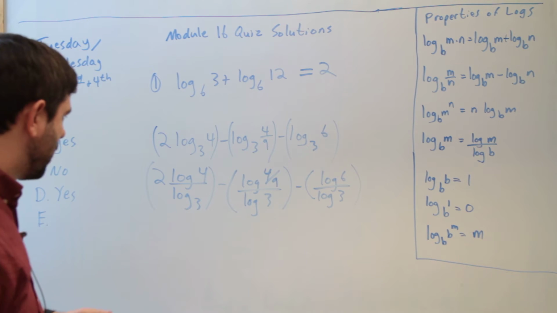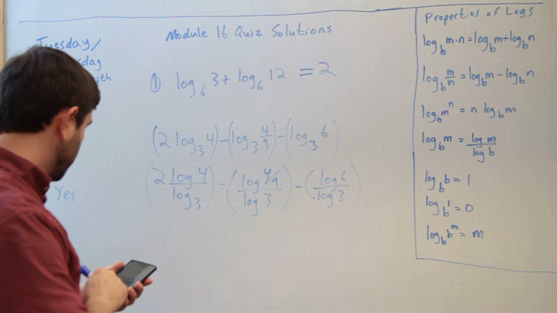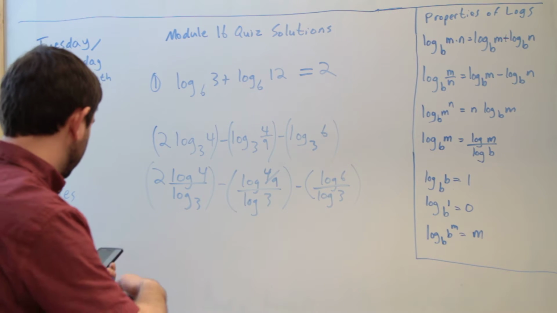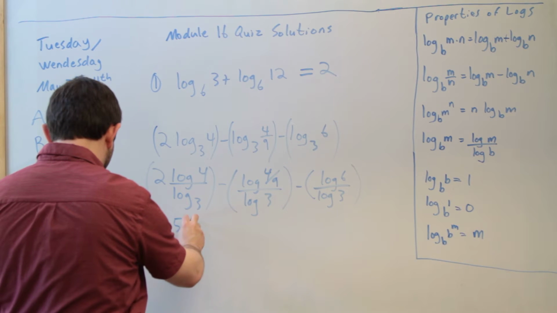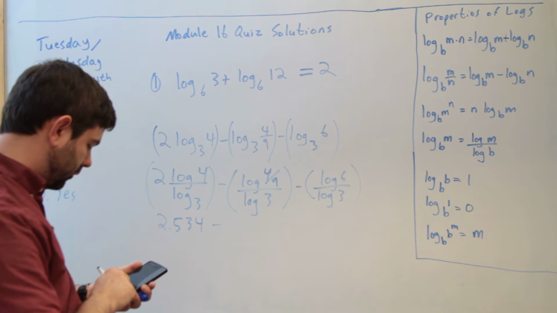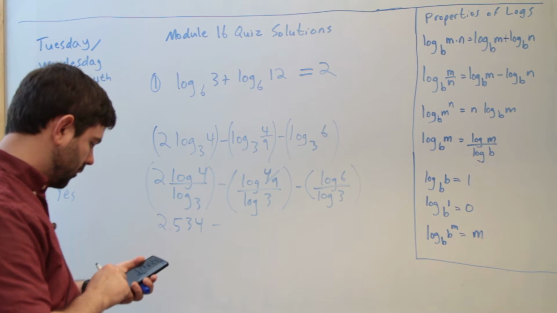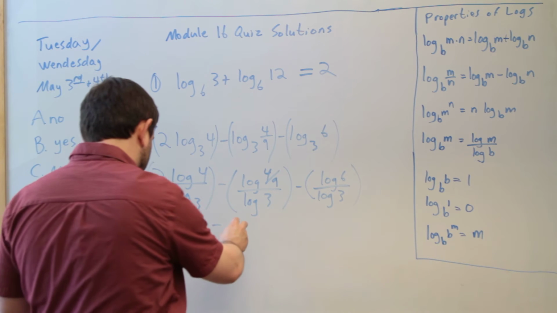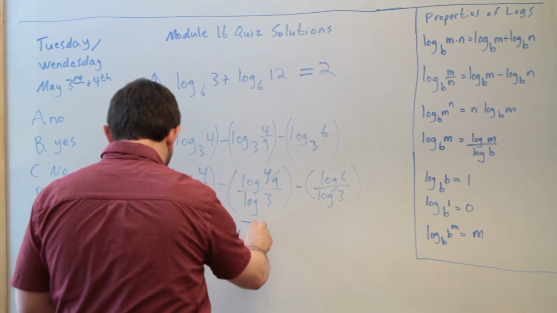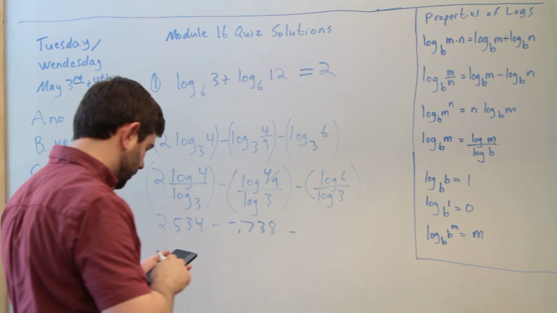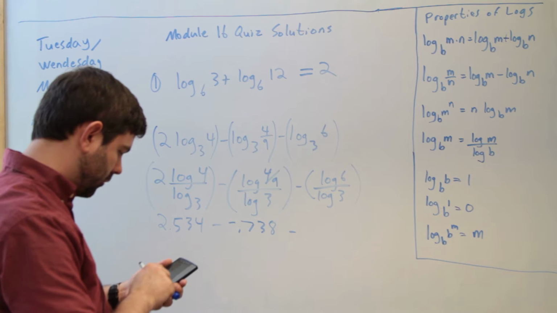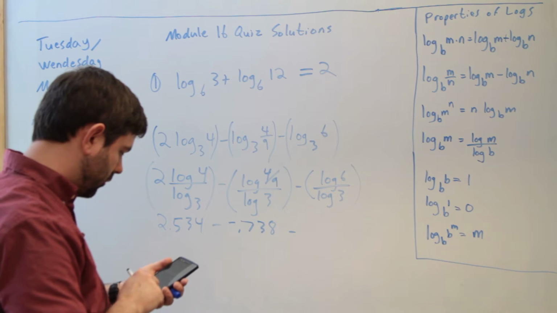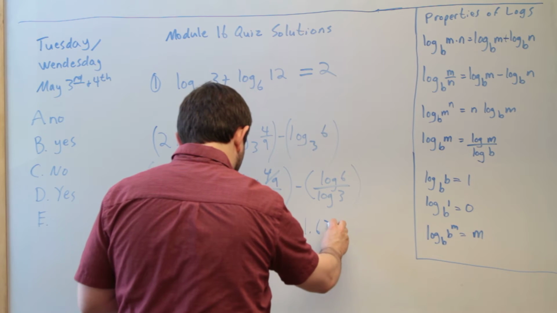Let's do a little experiment here to see what we get. This becomes 2.534, this becomes a negative 0.738, and this becomes 1.631.